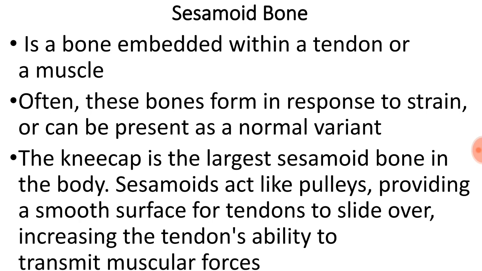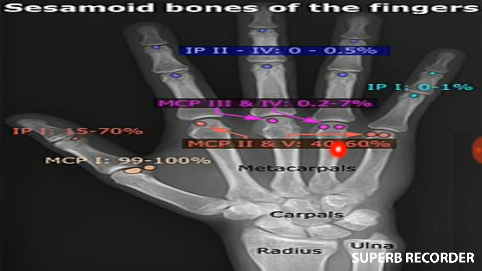Kneecap is the largest sesamoid bone in the body ambayo ina provide ile smooth surfaces for tendons kwa ajili ya kuslide, kwa ajili ya kuhakikisha au kutransmit ability of the muscles to contract na kurelax kwa ajili ya kuinitiate the movement. So these are sesamoid bones.